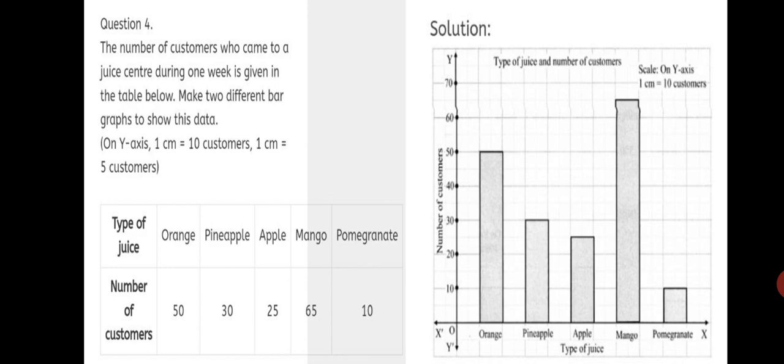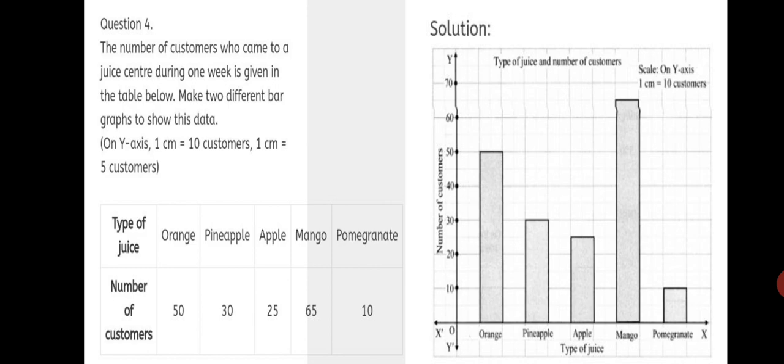So 20 plus 5, 25. Mango is shown by 65. So go till 60 and count 5 lines, 65. Pomegranate, 10. Where we see 10 matches the graph, there we stop above pomegranate. This way you have completed the first graph where the scale is 1 centimeter equal to 10 customers.